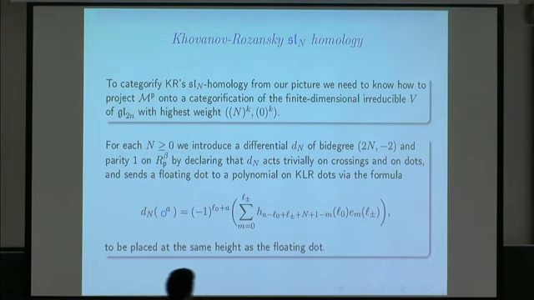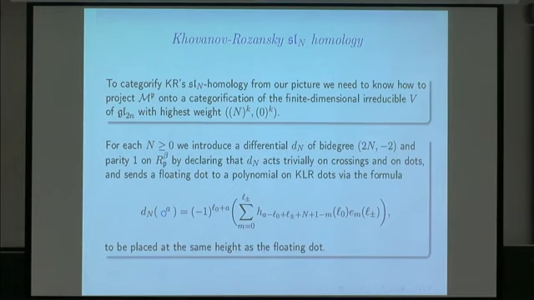So for each n, let's introduce a differential d_n in our algebra of degree 2n minus 2 and parity 1 by declaring that it acts trivially on crossings and on dots. It doesn't do anything to KLRs. It only sees floating dots and sends a floating dot to this polynomial on dots.